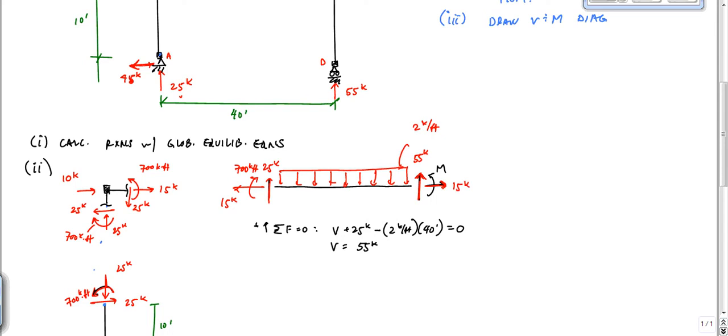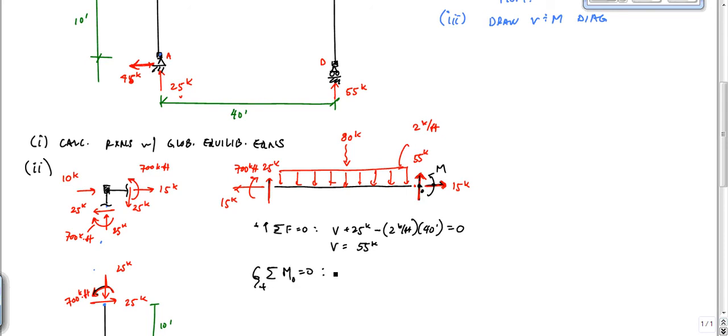And then I look at moments, and it's going to be a little bit more involved. The resultant of this distributed load is 2 times 40. That's 80 kips at a distance of 20 feet from this end. So if I sum moments about this point right here, which I call O this time again, O equals 0.